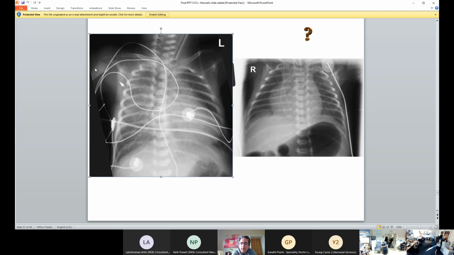Here we got a long line, if you can see it. It has gone through the upper limb, axillary, subclavian, and then it turned and looped laterally to go this way.